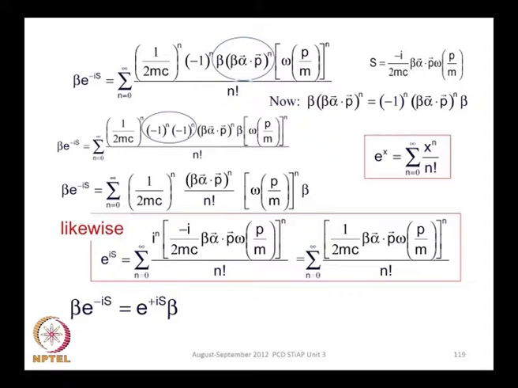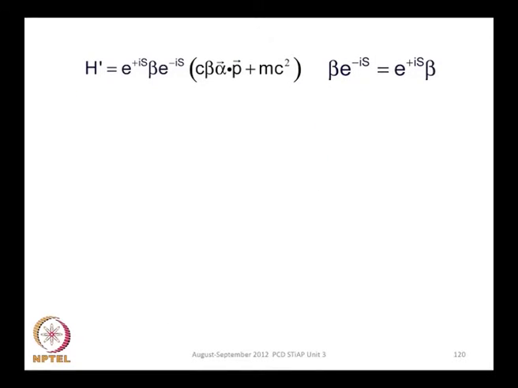This is not a commutation relation, mind you, there is a minus sign here and a plus sign here. And you have this operator identity. So this is the one we can make use of over here, and this beta e to the minus i s then becomes e to the i s beta, and together with this you get e to the i 2s beta.